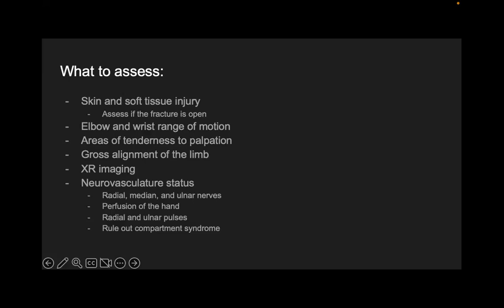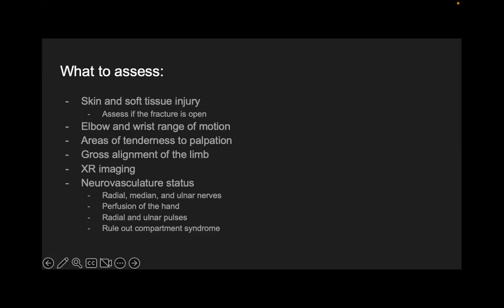So you're assessing range of motion. You're going to start to palpate everywhere, from both joints and in between, anywhere that they have tenderness. And the part that they're going to have the most tenderness is probably where the fracture is. And then you're also going to see if there's any gross malalignment of the limbs.